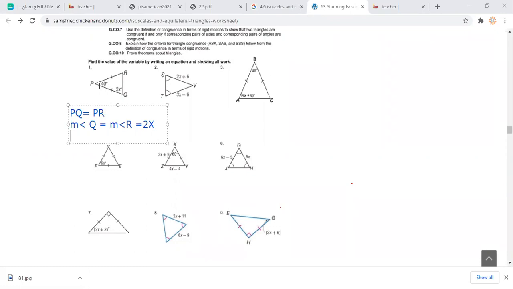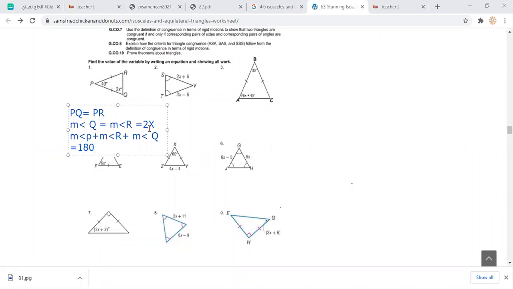We said that measure of angle P plus measure of angle R plus measure of angle Q, their sum together equals 180 degrees.